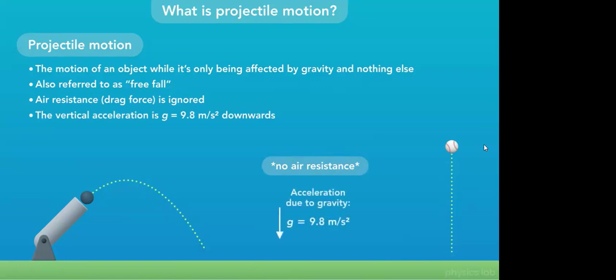This is the acceleration due to gravity. If there's no air resistance, then gravity causes all objects to fall down at the same rate, 9.8 meters per second squared. The horizontal acceleration is 0, which means the horizontal velocity is constant. These might be the most important things to remember about projectile motion, because they determine which kinematic equations and values we're going to use.